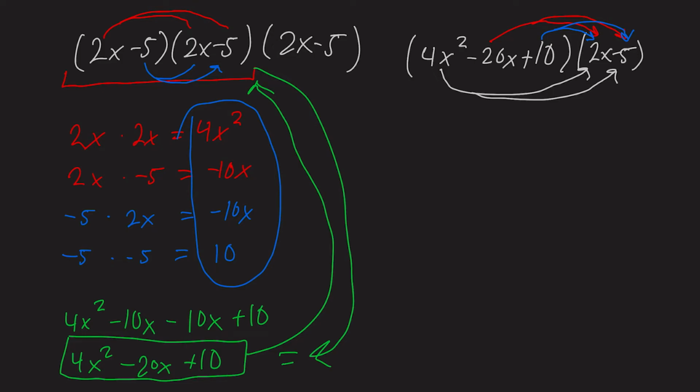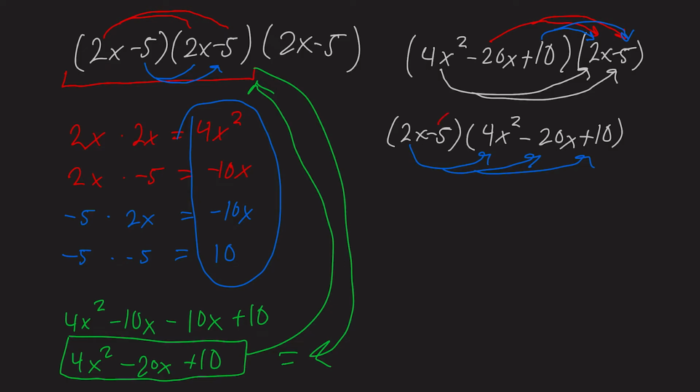But that's a lot of multiplication. I could do it a different way. I could instead write it as 2x minus 5 times the other thing, because multiplication is commutative. I just need to do my first 2x times 4x squared, times negative 20x, times 10, and my negative 5 times 4x squared minus 20x plus 10.